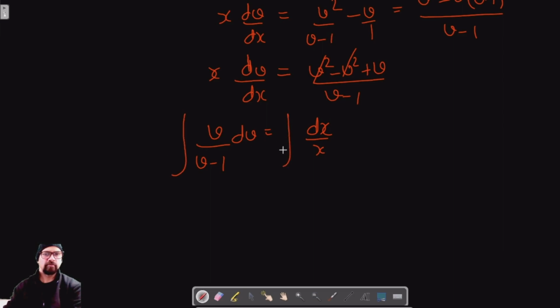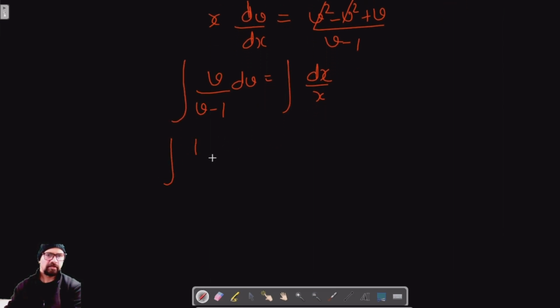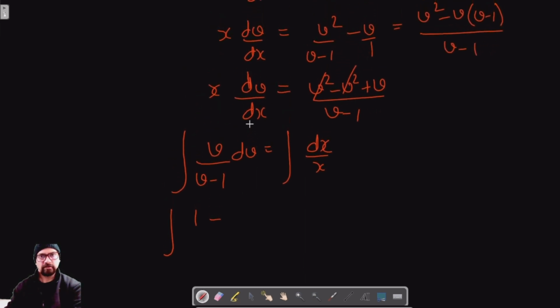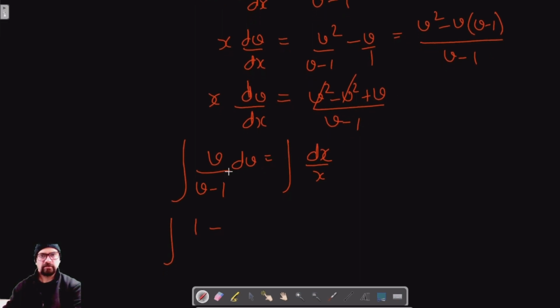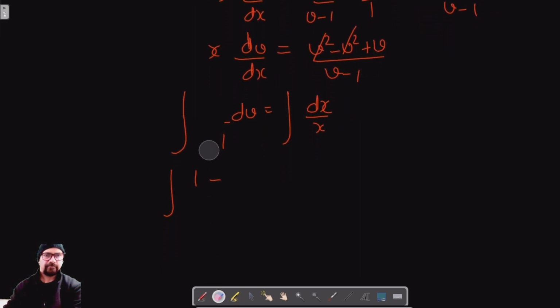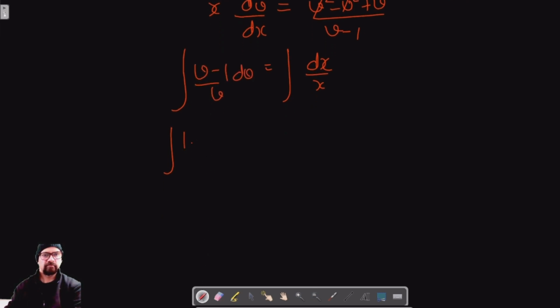Now integrating on both sides, this is actually v minus 1 by v into dv, which gives 1 minus 1 by v into dv is equal to log x plus c.